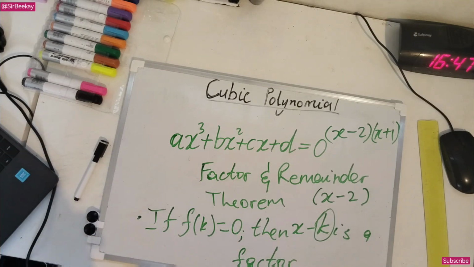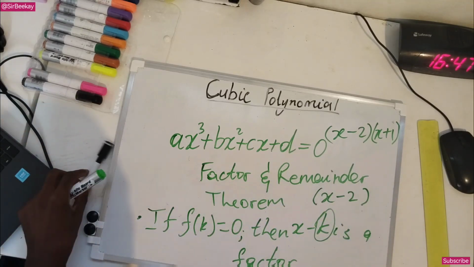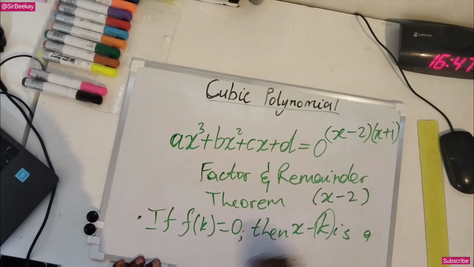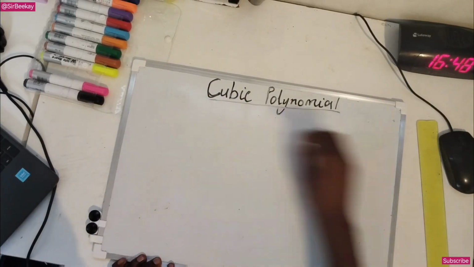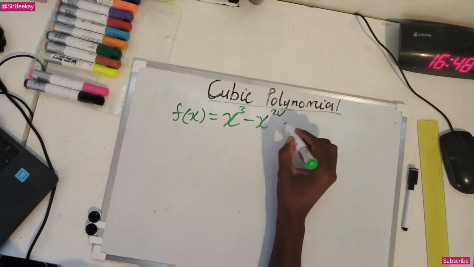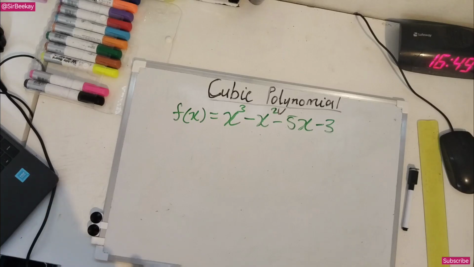While having that in mind, let us take an existing cubic function and illustrate what I'm talking about. Let us say we have this cubic function, f of x equals x cubed minus x squared minus 5x minus 3.